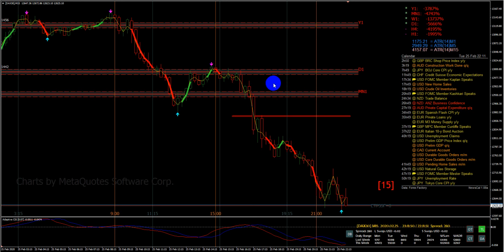Okay, what next? When we reach this zone again and we see a price action like this, again, at this moment, we don't know if the price is going to go up, down, or sideways.